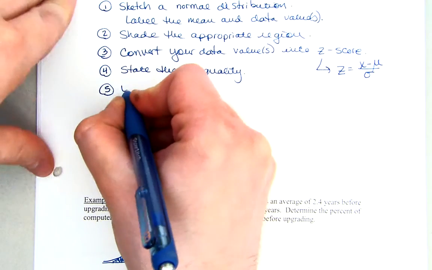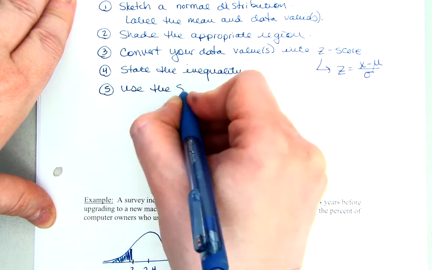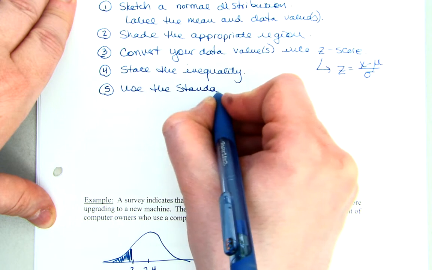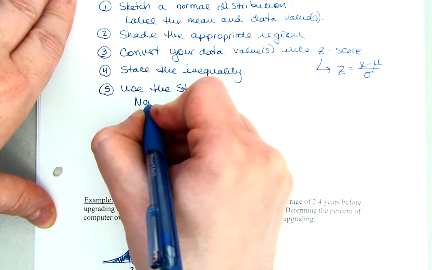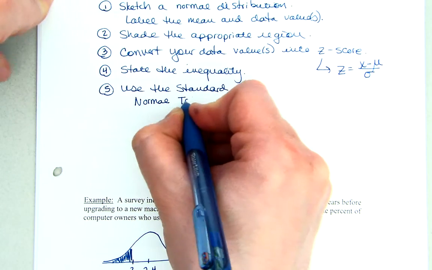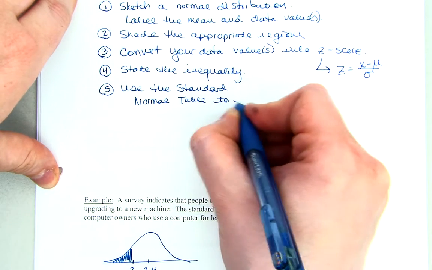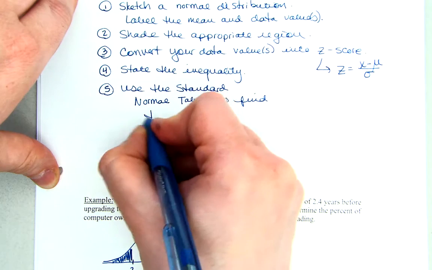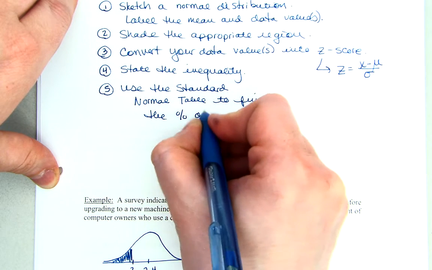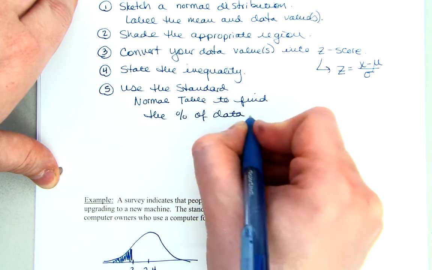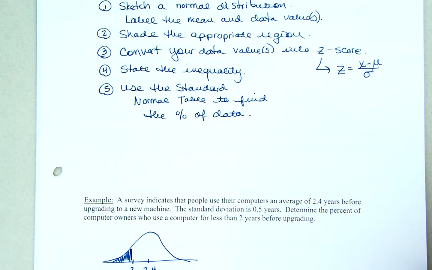Step 5. We are going to use the standard normal table to find the percent of data, and we'll either just take the number straight from the table, or we will do one minus the thing from the table, or we'll do one data value minus the other, just all the different calculations we previously looked at.